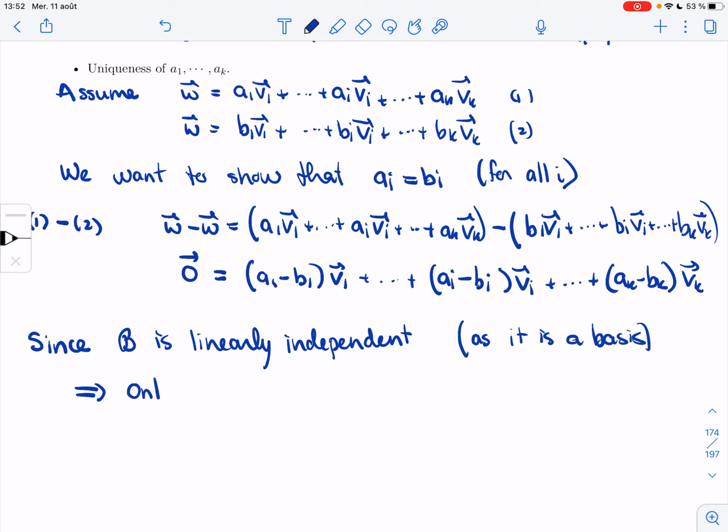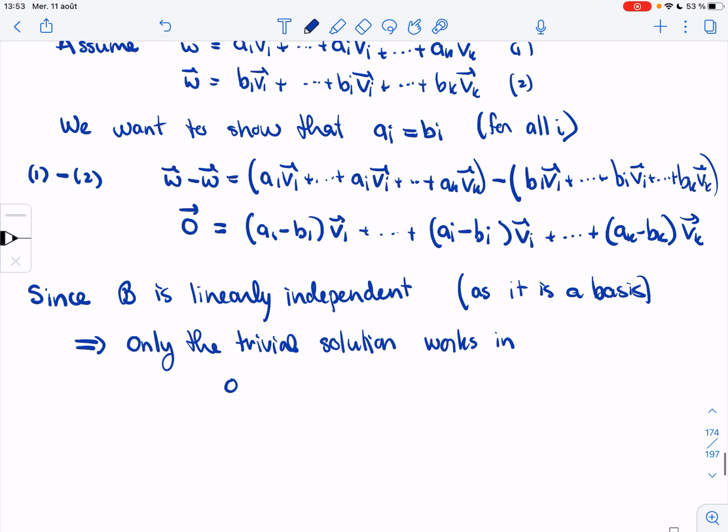So only the trivial solution works in 0 is C1 V1 plus CI VI plus CK VK.